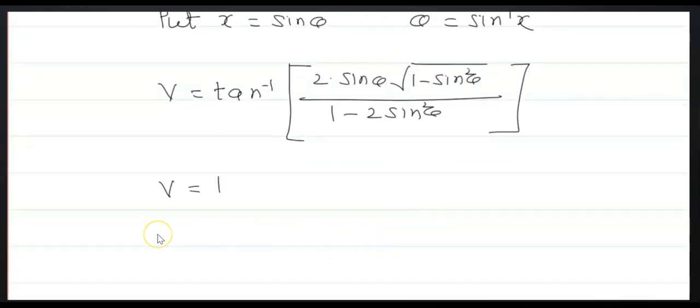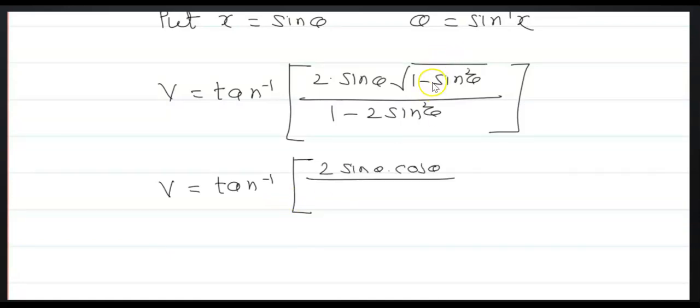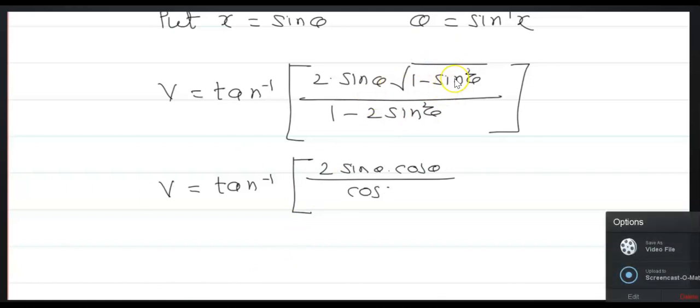Root of 1 minus sin square theta is root of cos square theta, so you get cos theta, and 1 minus 2 sin square theta is nothing but cos of 2 times theta.